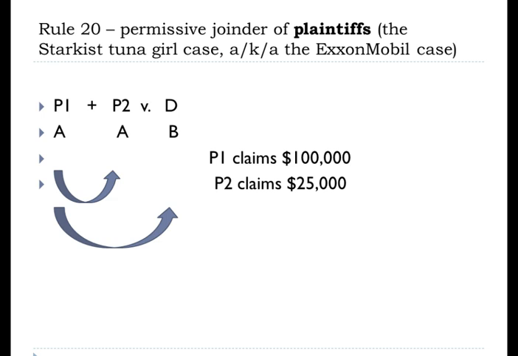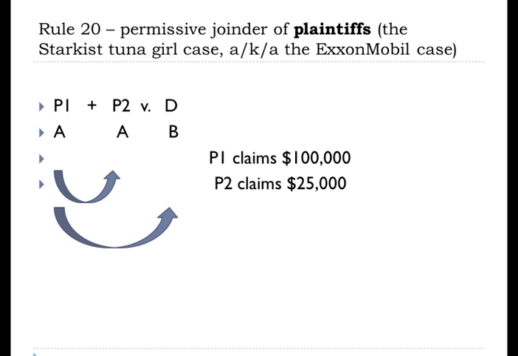Is jurisdiction over the IT claim based solely on diversity? Yes, it is. So we have to go on to step 3. Is the wannabe claim a claim by a plaintiff against a person made a party under Rule 20? Well, Plaintiff 2's claim is certainly a claim by a plaintiff, but is it against a person made party under Rule 20?